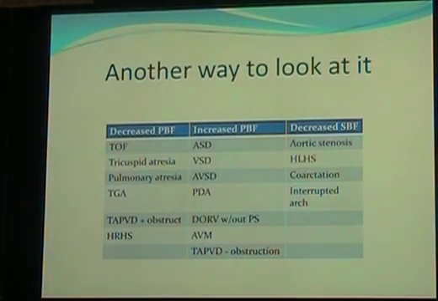So if it's a right-sided problem, would have decreased pulmonary blood flow. If it's a left-sided problem, would be in shock from decreased cardiac output. And myocarditis would be a similar situation where poor contractility would lead to decreased systemic blood flow. So whether you're applying this to neonatal or pediatric, there's applicability of this way of thinking to both.